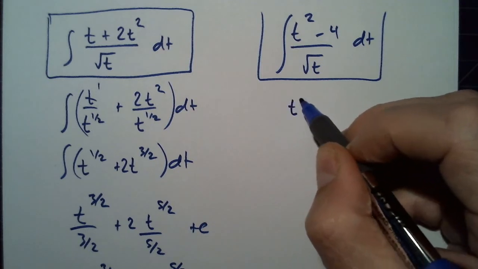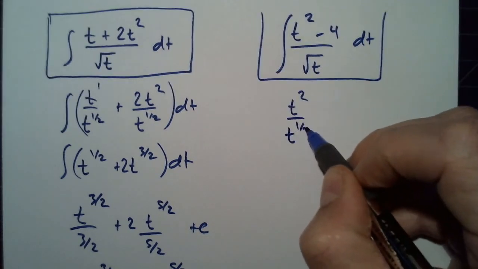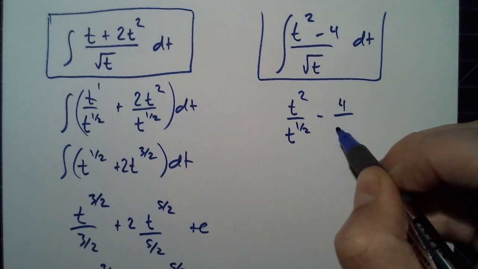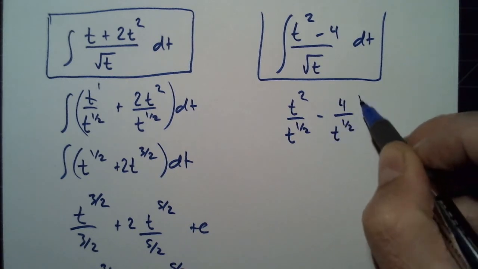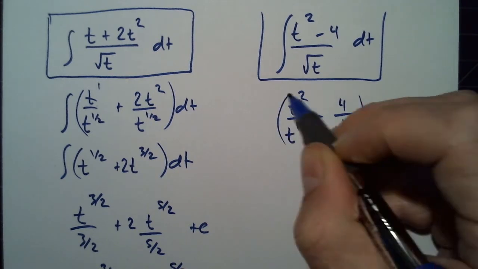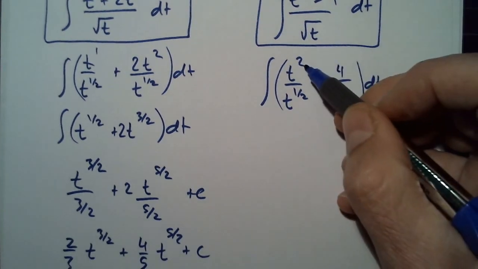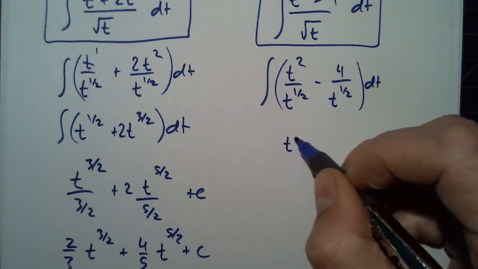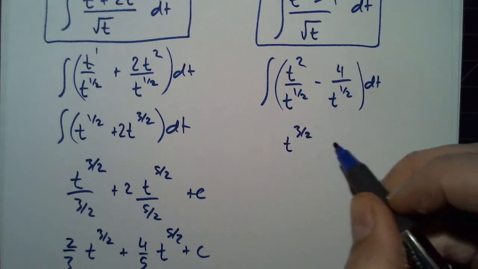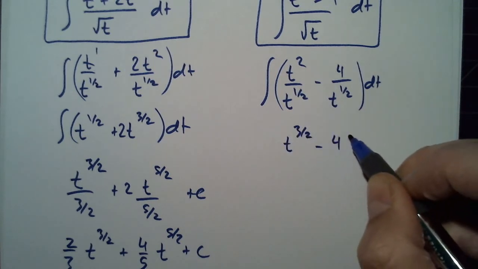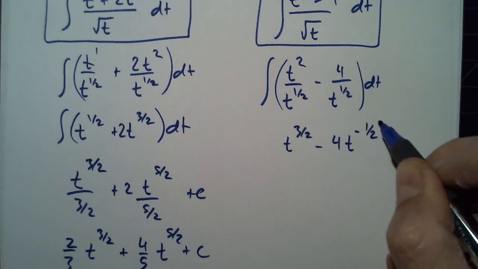So we have t squared over t to the 1/2, 4 over t to the 1/2. This is 4 over 2 minus 1 over 2 is 3 over 2. And here we have 4t to the negative 1/2.